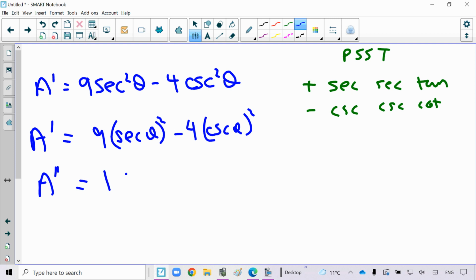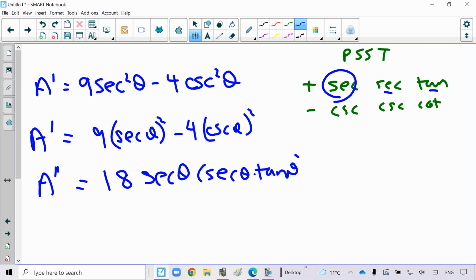So 2 comes down. 2 times 9 is 18 secant theta. Now, the derivative of secant theta is secant tan. Remember, sec a tan. Okay. Minus, bring the 2 down. 2 times the 4 is 8 cosecant theta. And then the derivative of cosecant is cosecant cotan, but it's negative.